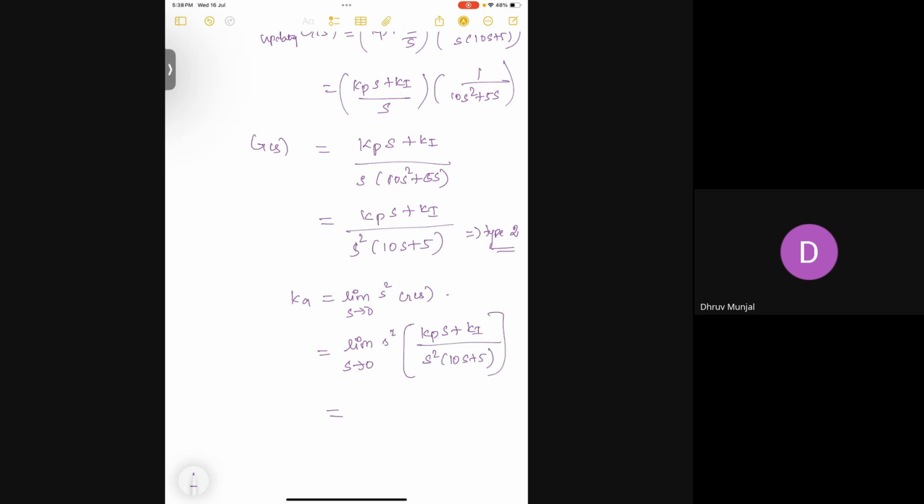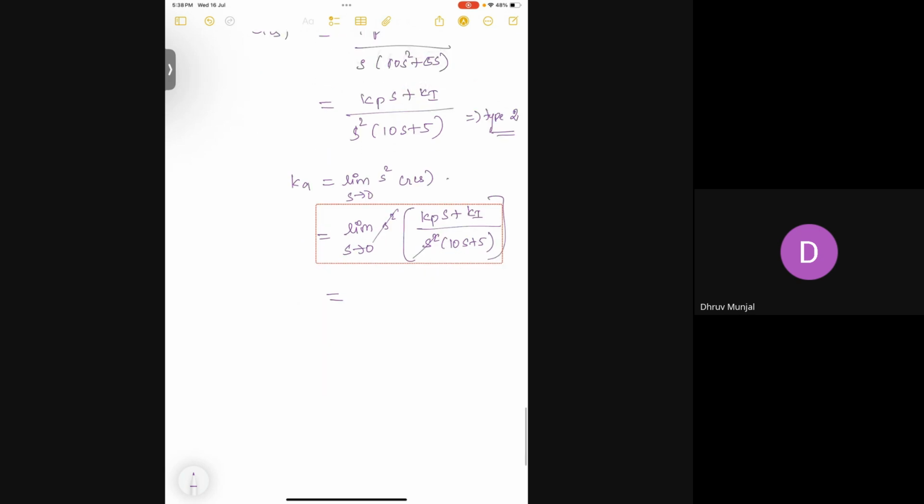Good. It seems easy when others are solving, but you should solve by yourself so that you will know what mistakes you are making. Right? Ka equal to Ki by 5, where Ka is given as 0.2. It will be Ki by 5. This will become Ki will be 1.